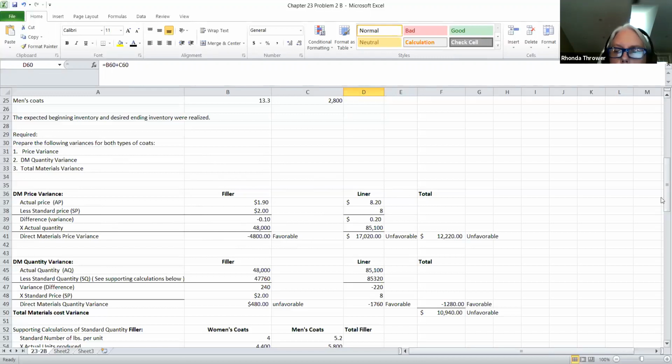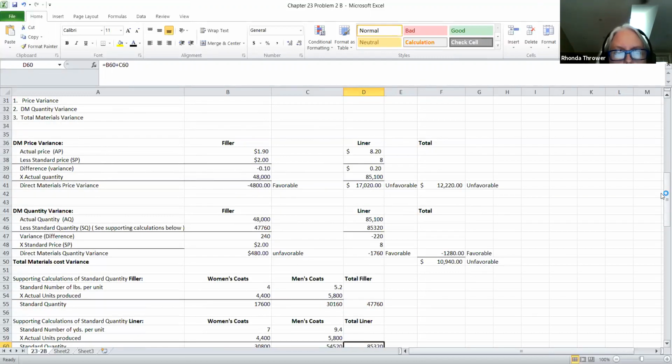And so another thing that I want you to realize is that these variances mean something. So for example, in the direct materials price variance, the total direct materials price variance for both of our materials was unfavorable.